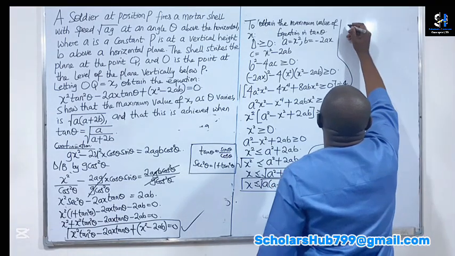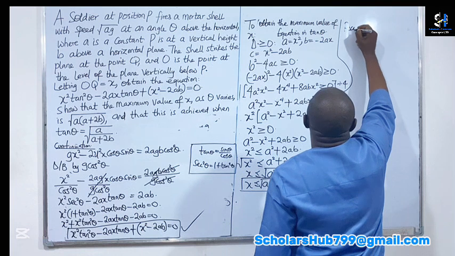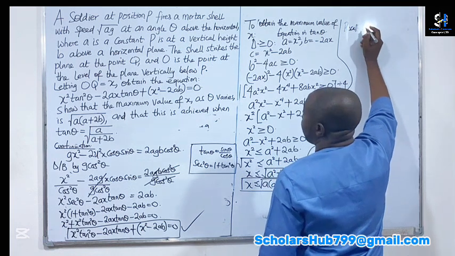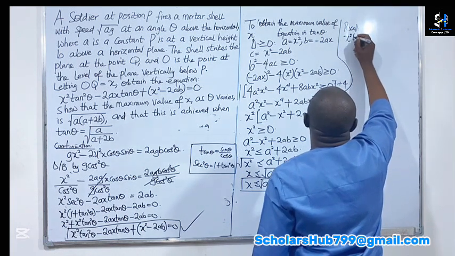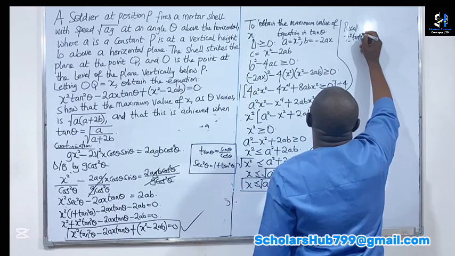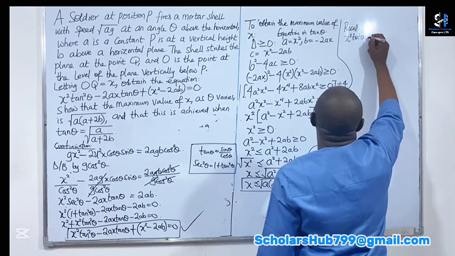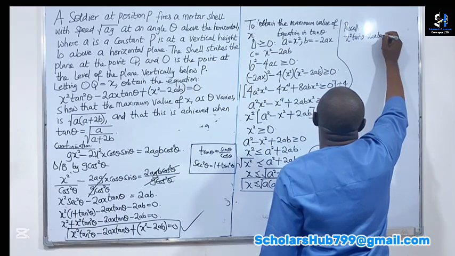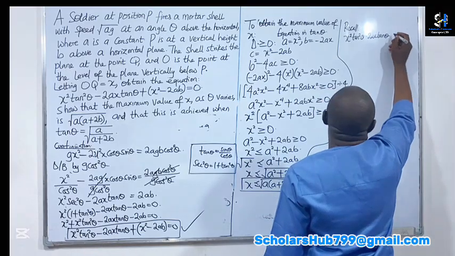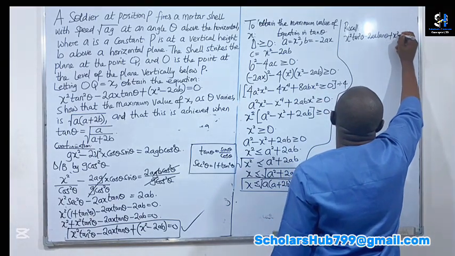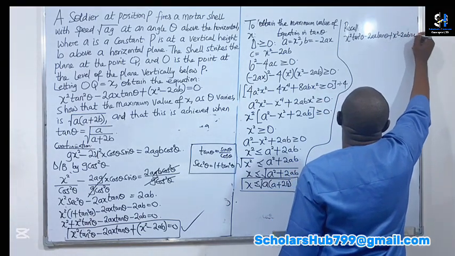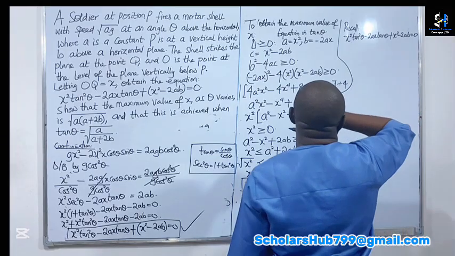So now let's recall. We have x squared tan squared theta minus 2ax tan theta plus x squared minus 2ab equals 0.